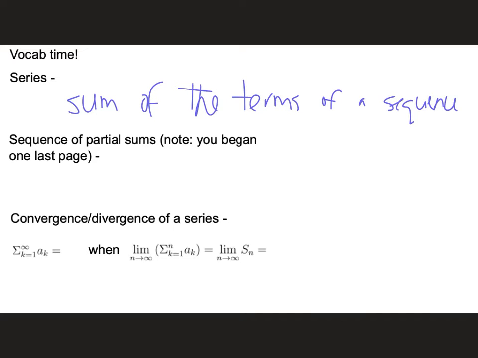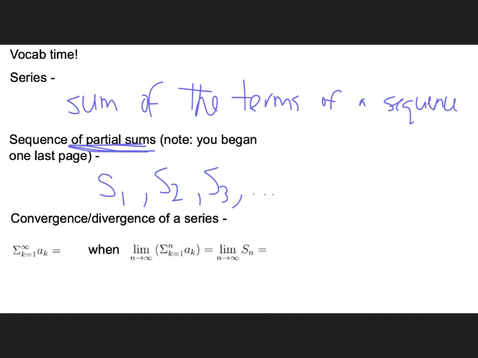Sequence is the list of numbers. Series is the sum of those numbers, however many there are. A sequence of partial sums, often I call it S1, would be the first term. S2 would be the first 2 terms added together. S3, etc. So it's a sequence of some number of terms being added up.